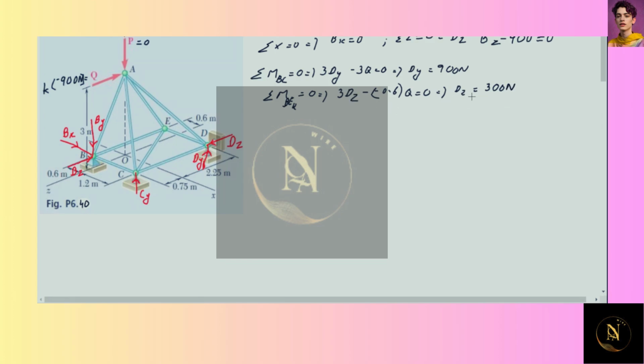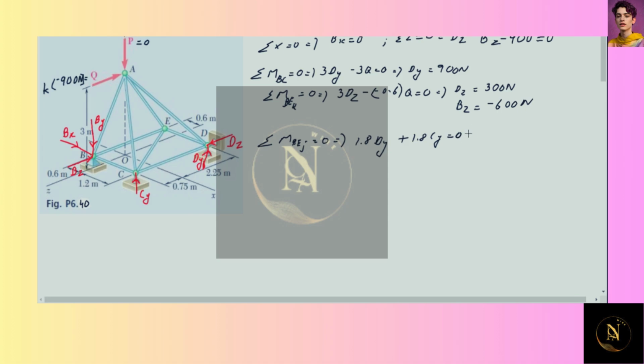Here, substitute the value of dz in this equation. That gives us the value for bz, that will be minus 600 Newton. And summation of moment at B along J equal to 0 gives you 1.8 meter into dy plus 1.8 meter into cy equal to 0.